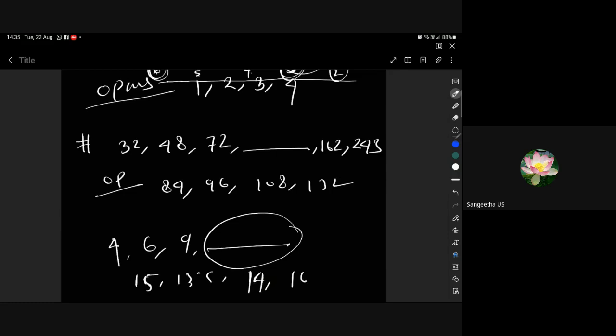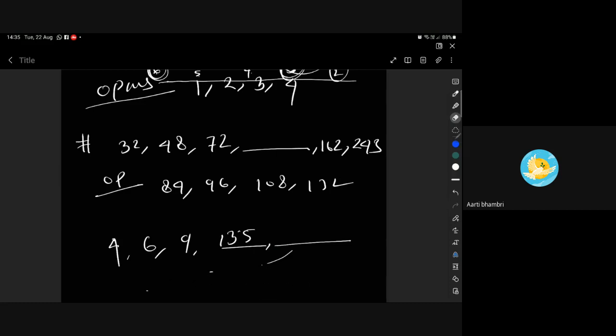What will be the next number? 14? Or if I make it a little complicated, not 14, you are close to the answer. It is 13.5. The next answer will be C.